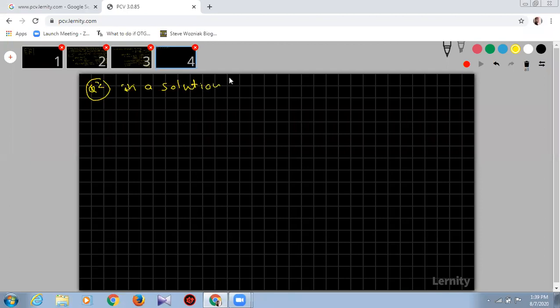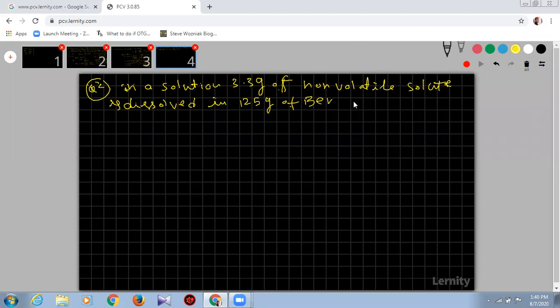In a solution, 3.3 gram of non-volatile solute is dissolved in 125 gram of benzene.